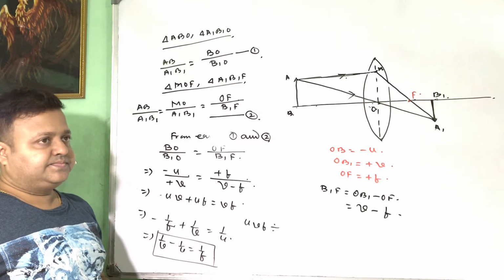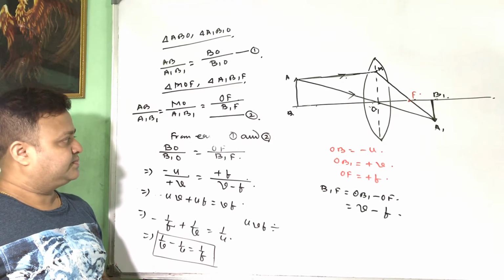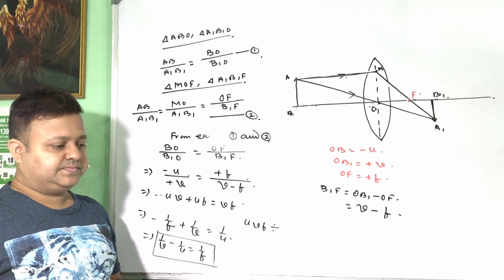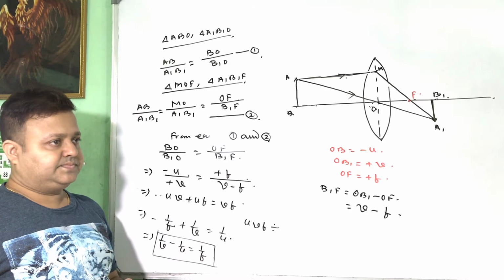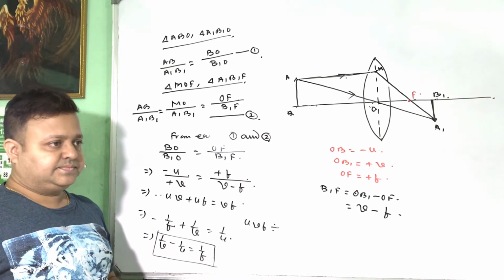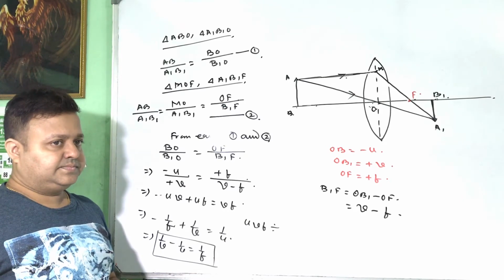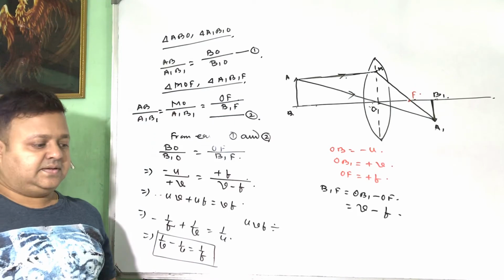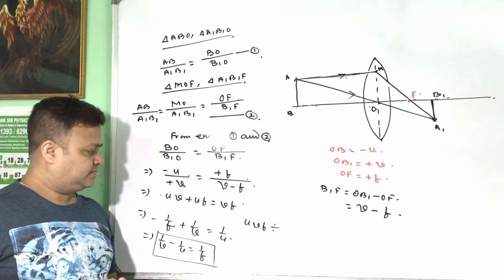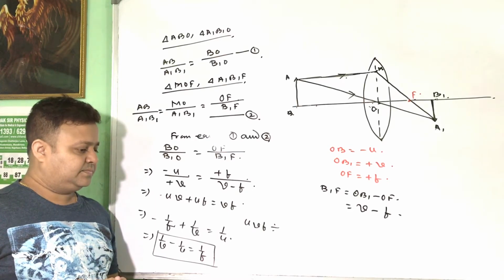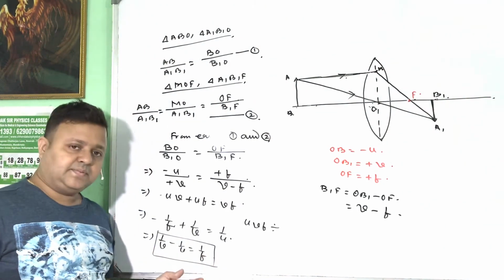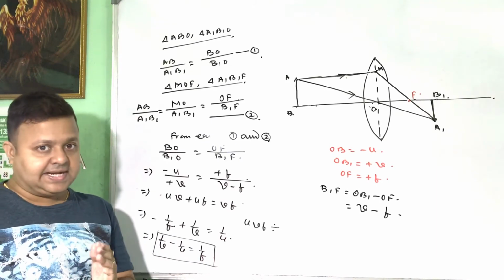So now from equation 1 and 2, dividing by uvf, and this is the relation between object distance, image distance and focal length of a thin lens.